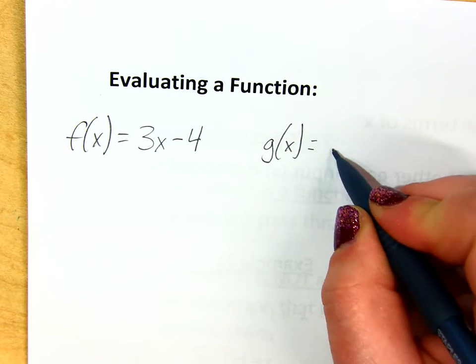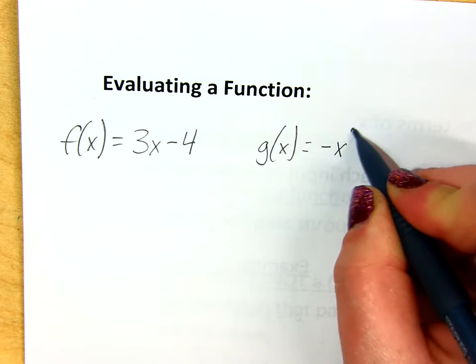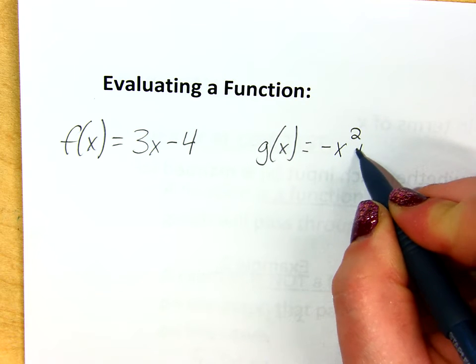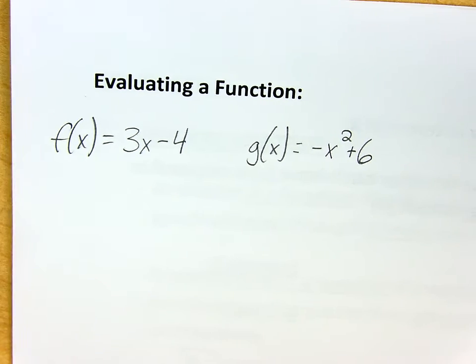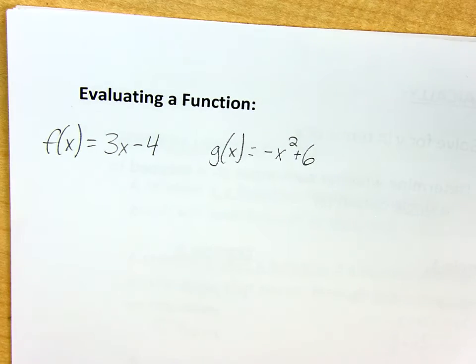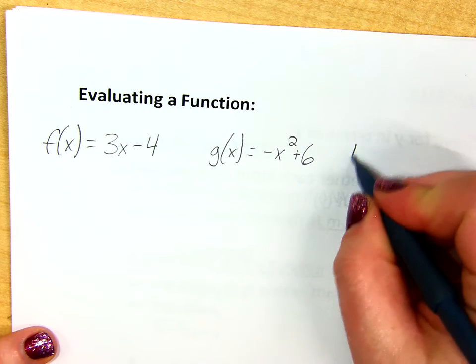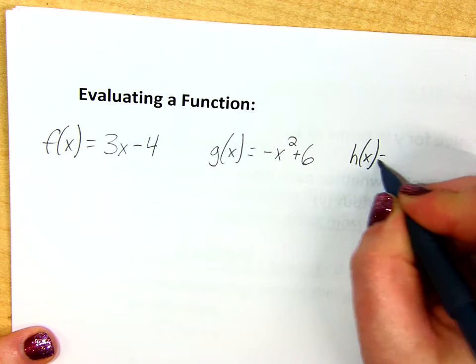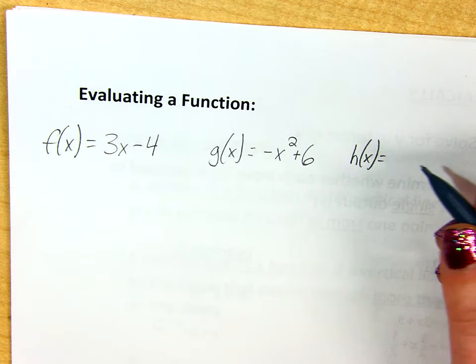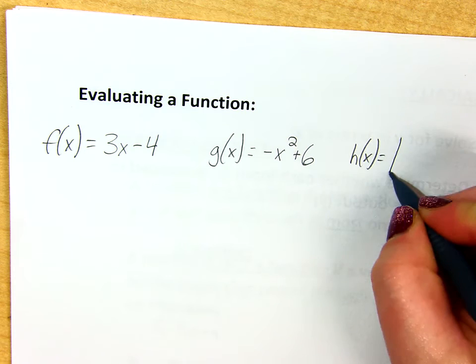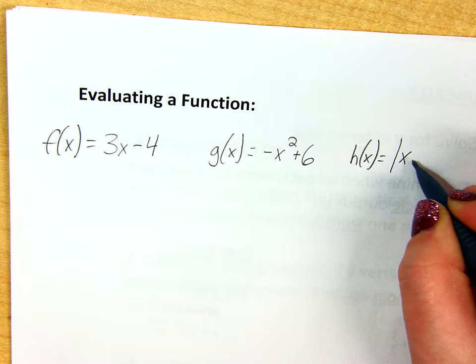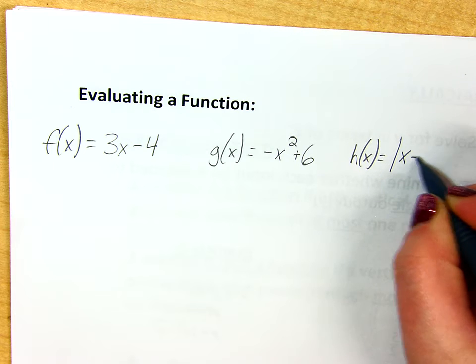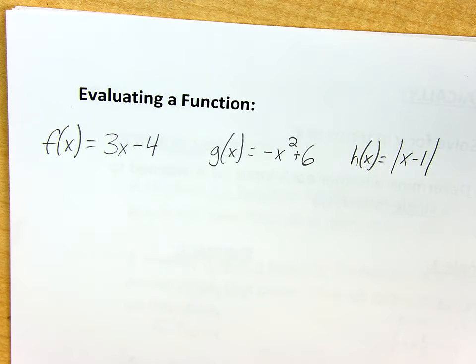And let's make this one that. And then let's do one more. We'll do an h of x. That is, how about an absolute value? Absolute value of x minus 1, something like that.